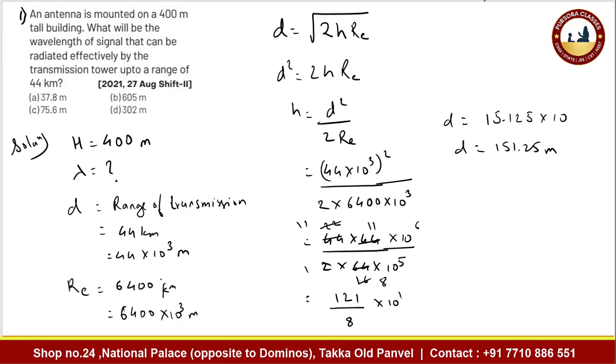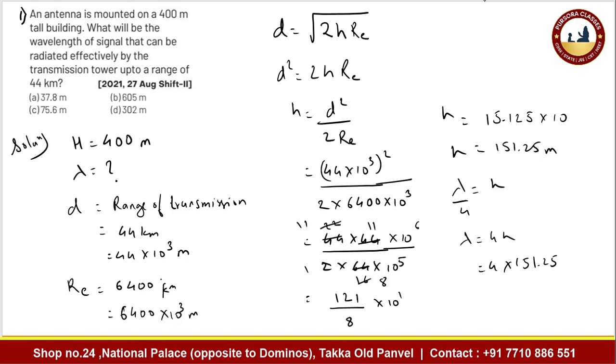So this is the height of the antenna, this is h. Wavelength by 4 is the height of antenna, so wavelength will be 4h. So 4 into 151.25.